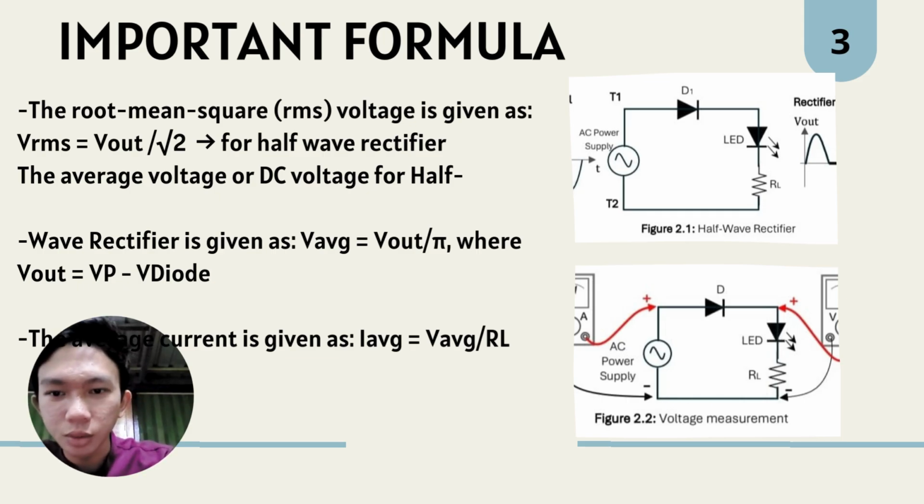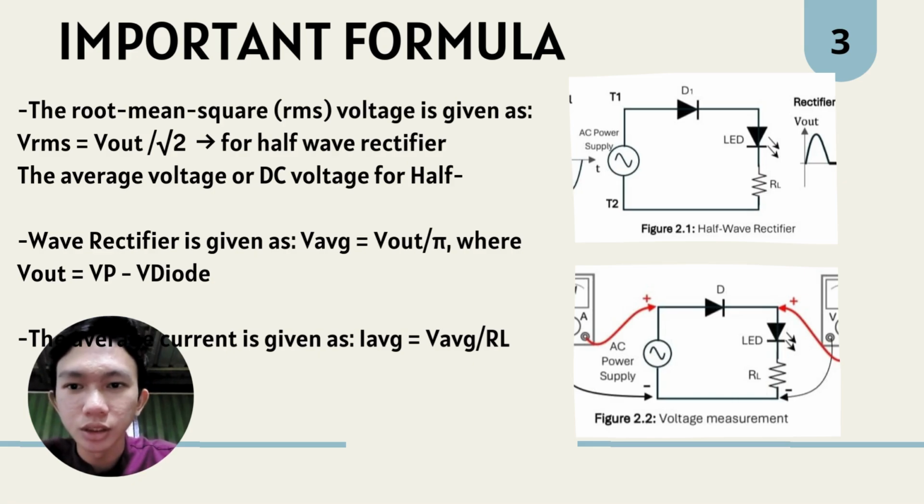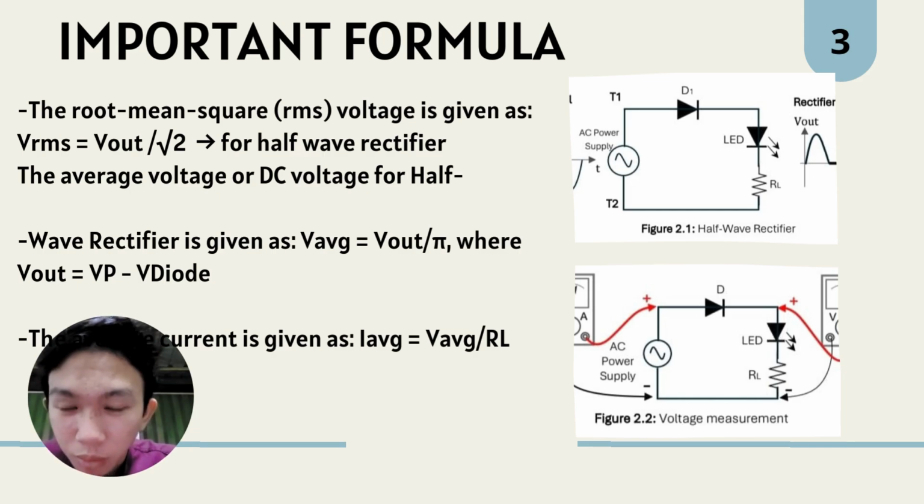So this is our formula. Our important formula is the root mean square voltage, which is given as VRMS equal to V out over square root of 2 for a half-wave rectifier.